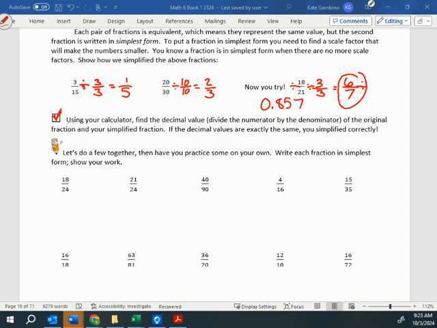We don't need to write all that. We're going to round to that hundredth place. If it is followed by 7, what do we have to round to? The 6. So I would write 0.86. Now I'm going to divide my simplified fraction. 6 divided by 7. What decimal do I get?